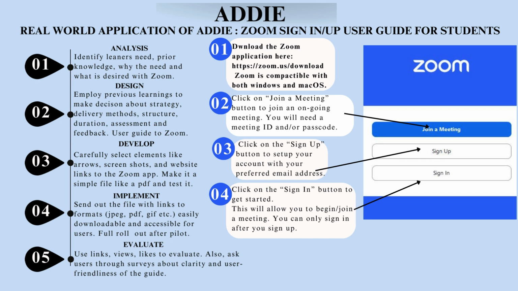So the steps have been shown here in short. First, users have to download the Zoom app, and secondly, they have to click on the join meeting button to join an ongoing meeting, and then thirdly, they have to sign up. And then finally, they have to sign in. So this is just a brief description of how I used the ADDIE model.